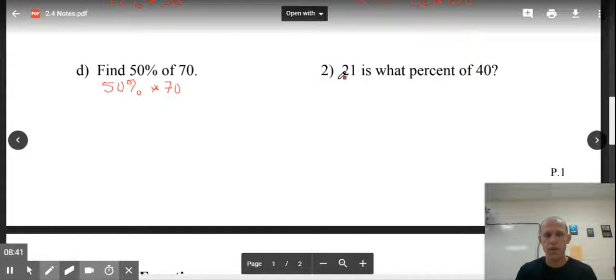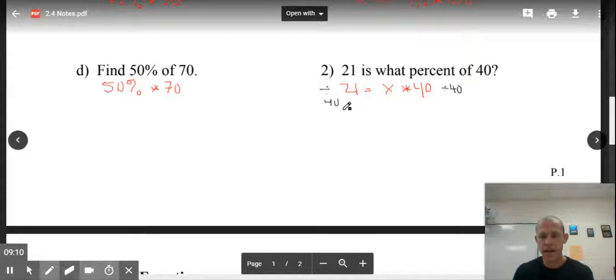All right. This one, 21 is what percent of 40? This one's a little different. I have to figure out what x is. This one, I actually have to move this 40 over. I have to undo it. To undo it, I am going to do the opposite operation, which would be division.